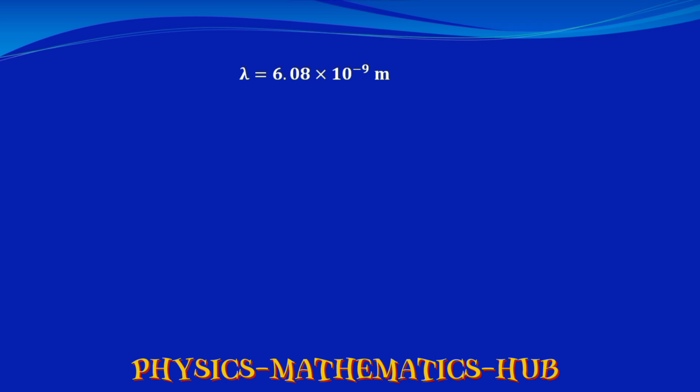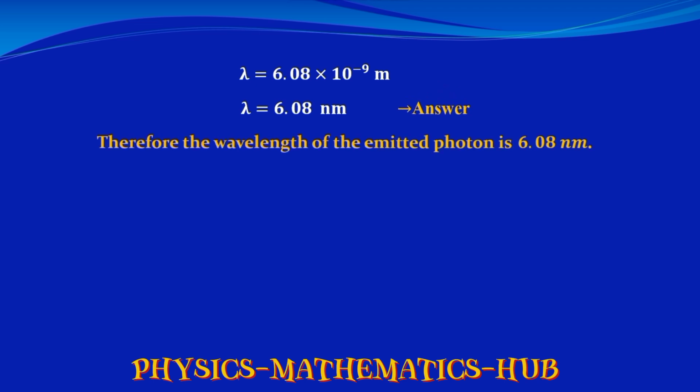In scientific notation, we can write this as lambda = 6.08 × 10^-9 meters. And in prefix, we can write this as lambda = 6.08 nanometers. Therefore, the wavelength of the emitted photon is 6.08 nanometers, which is the required answer.